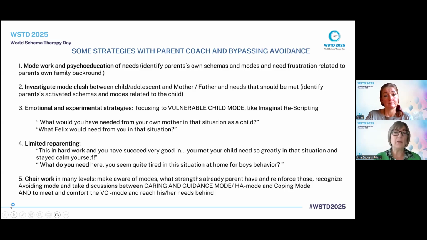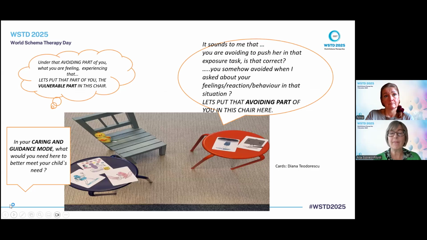And we can make different modes discuss with each other, like the caring and guidance mode, the healthy adult mode, and the avoiding mode, with chairs. And the next slide is an example of that.